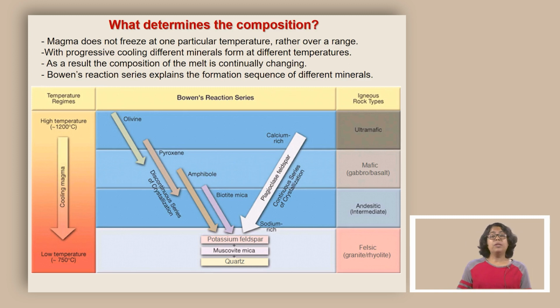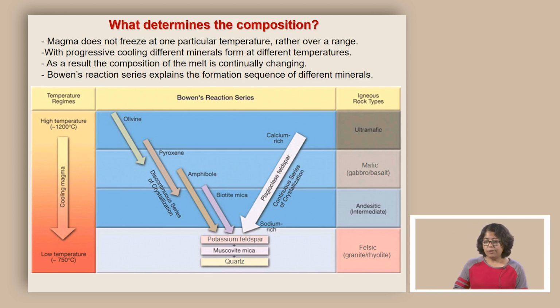Now, if you drop the temperature even more, then the most stable minerals start to crystallize, and those would be potassium feldspar and a different kind of mica called muscovite mica. The biotite mica is dark in color, whereas muscovite mica is lighter in color, and finally quartz.